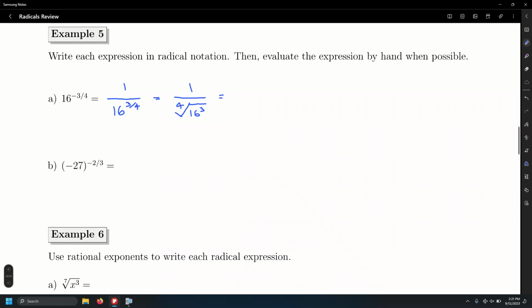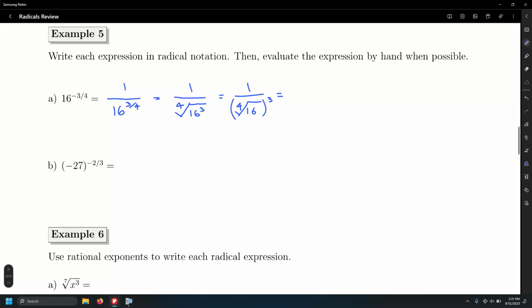We can't do that. That's not a feasible task. Instead of doing the hard way, we're going to go the easier version. That's the 4th root of 16, the whole thing raised to the 3rd power. I think it's a lot easier to take the 4th root of 16, which is going to be a smaller number, and then cube it, and that's going to nail it here.